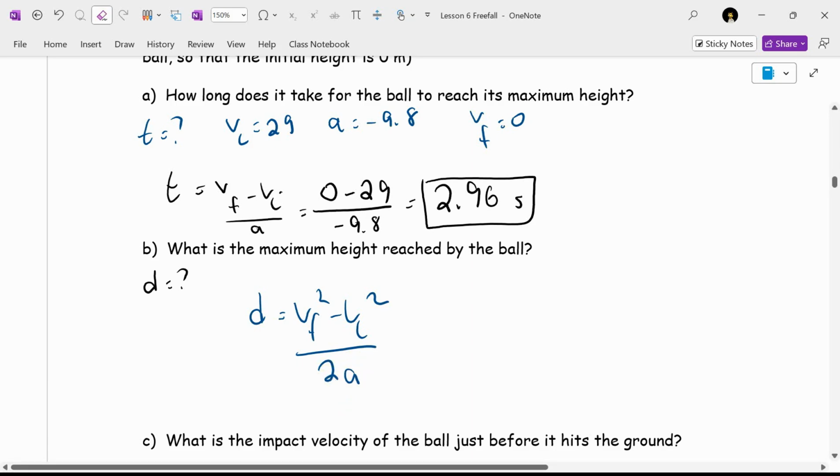Now, VF is 0, so you could have just said negative VI squared on the top, but because the VF was by itself, I didn't mind you dropping it down, because that's always been our drop it down like a domino move first. So it is going to be 0 squared minus 29 squared all over 2 times negative 9.8. What do you get?